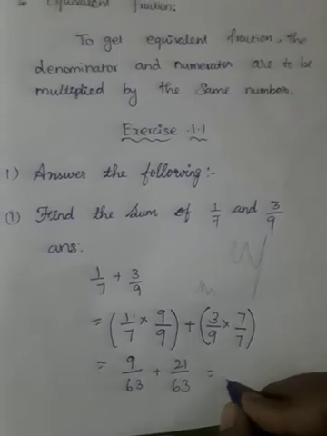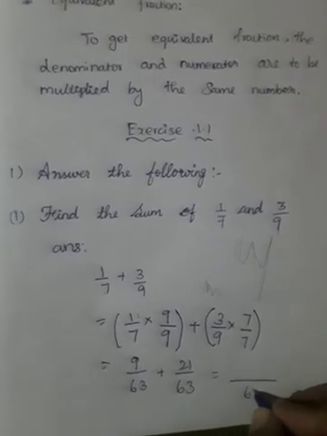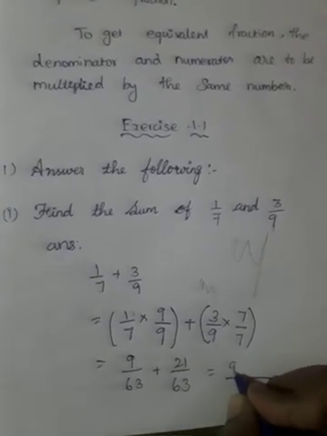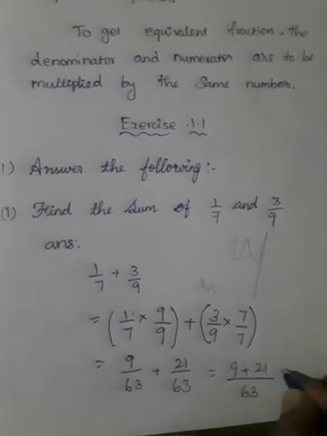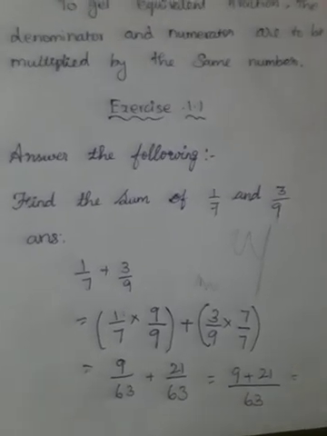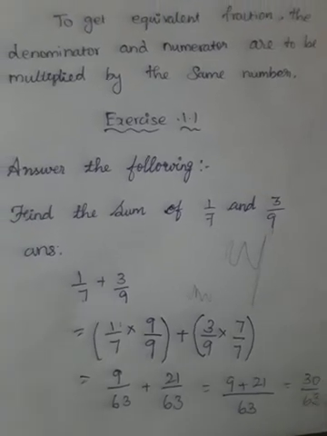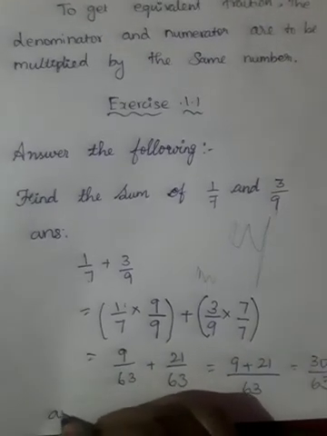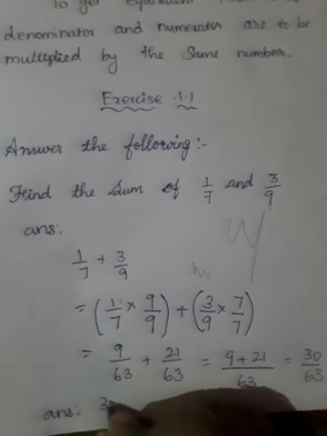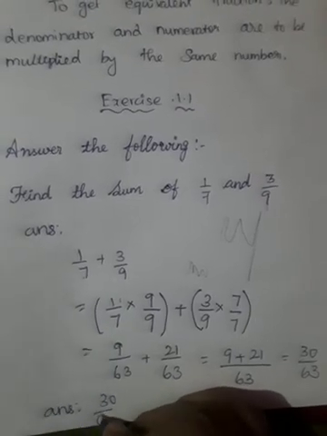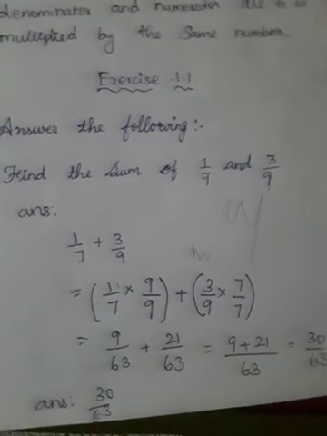Both are the same. Now we can take the denominator as common, then add the numerators alone. So 9 plus 21 is equal to 30 by 63. So your final answer is 30 by 63. Very easy, no?